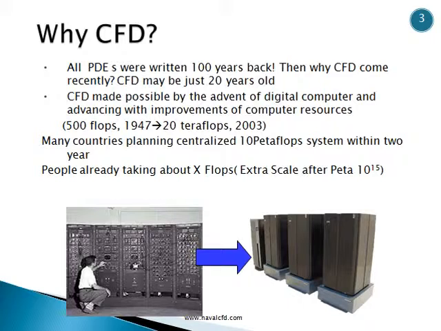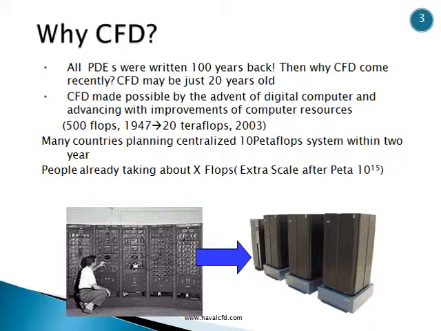See, in 1947, just 500 flops, floating operations per second, were possible, but now it is 20 teraflops. You may know mega, giga, tera, 10 raised to 3, 10 raised to 6, 10 raised to 9. Now, many countries are already planning some petaflop systems.